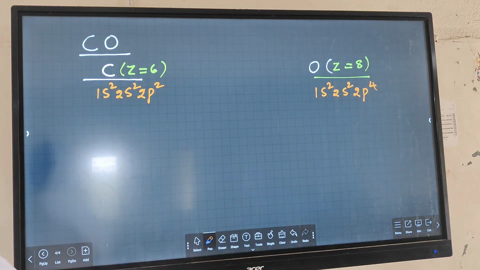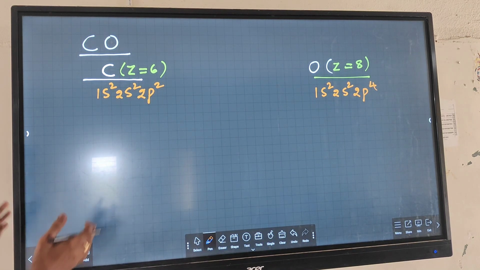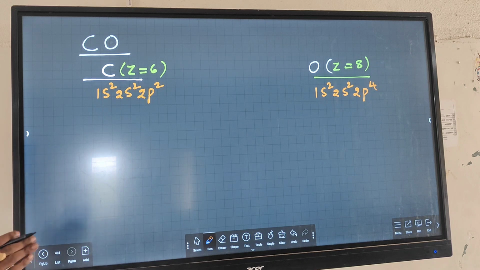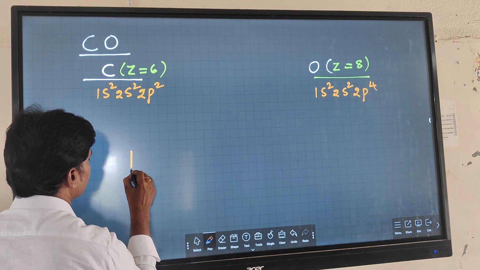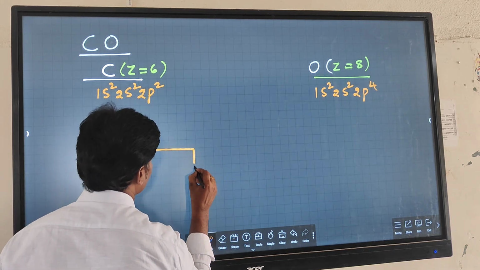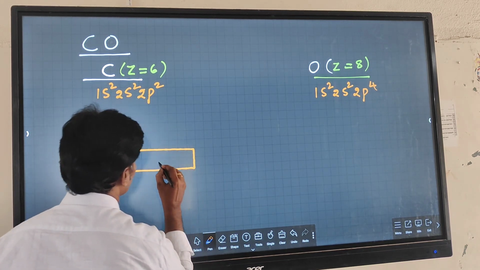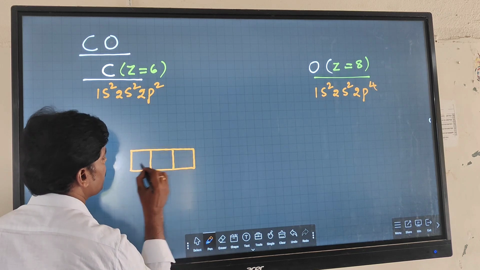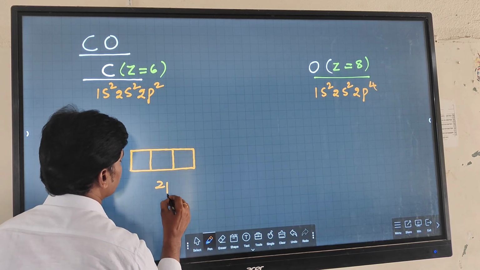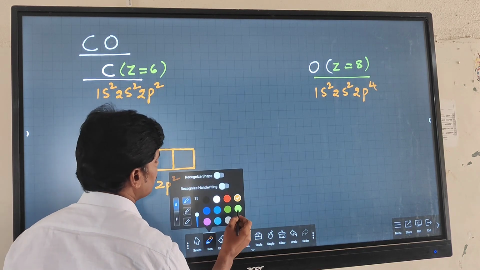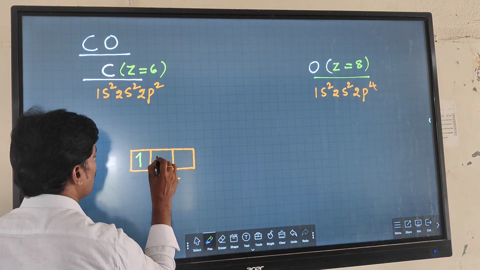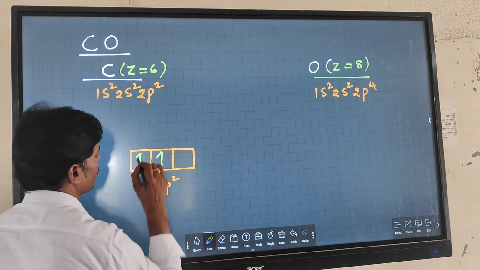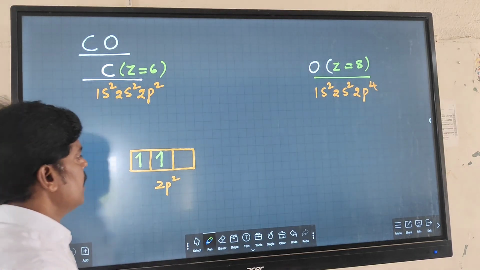So we have carbon and oxygen. The atomic orbitals combine together to form molecular orbitals. Now take 2p2 from carbon. p orbitals are 3, so these 3 boxes represent p orbitals, 2p2. According to Hund's rule, we distribute 2 electrons, 1 here and 1 here.